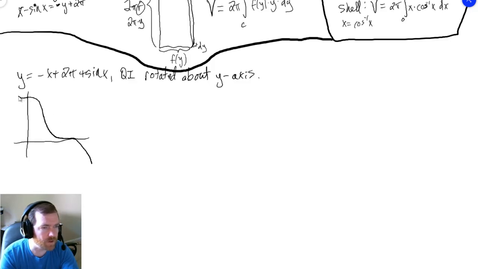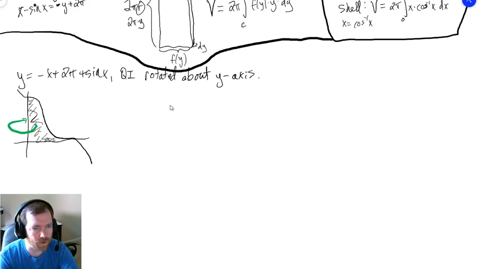And this one went up like that. We only want this stuff here. And again, this time we're going to rotate around the y-axis. So this way, what we're going to get is something that looks, roughly speaking, like a hat.